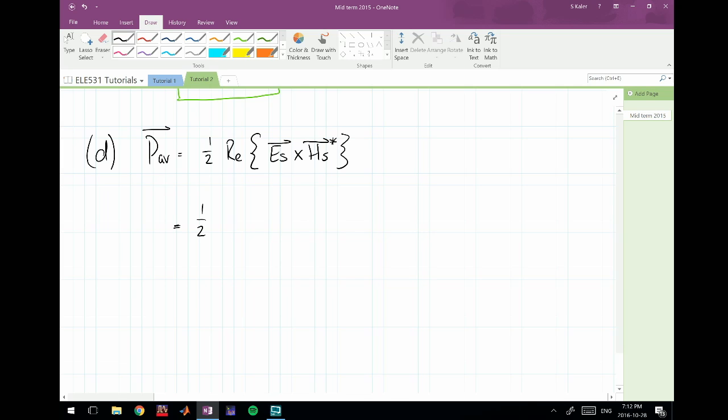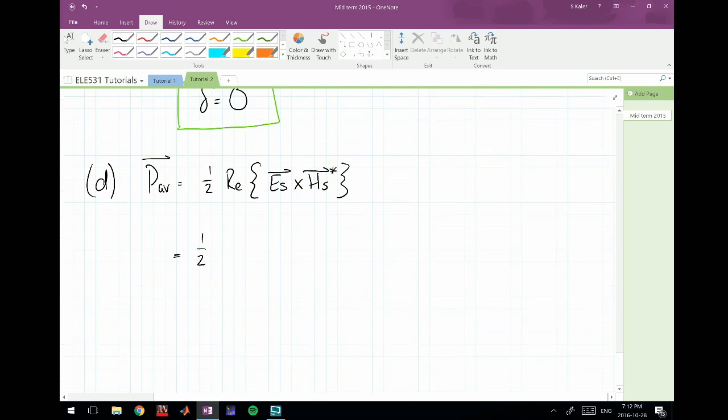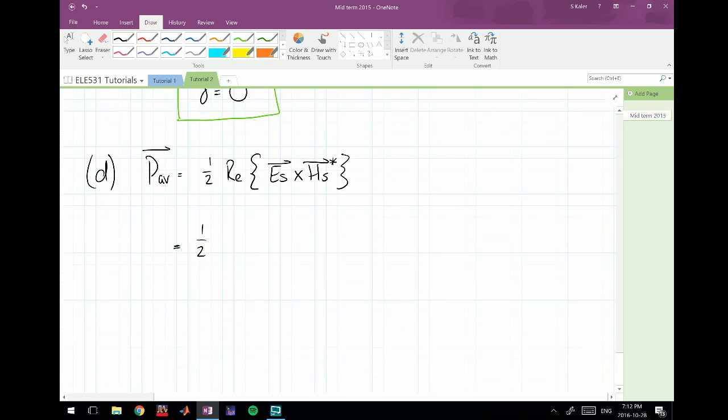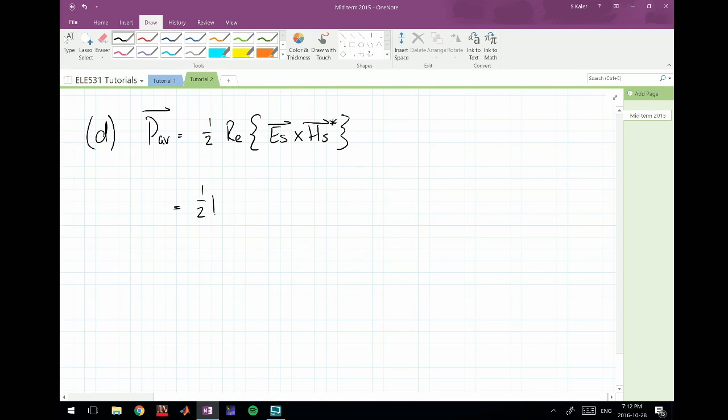And you just have to remember that it's in the direction that is perpendicular to the two other directions. So if ES is in A rho and HS is actually in A phi, then we know that this is going to be somewhere in AZ. It's going to be either positive or negative AZ. And you can figure that out based on your right hand rules and whatnot. Or you can just memorize it, which I would not recommend, but some people do.